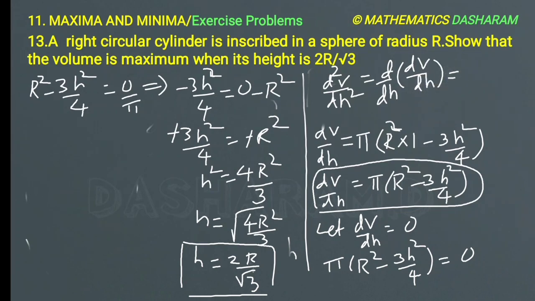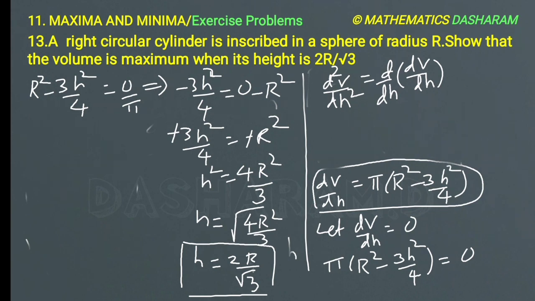So it is d by dh of, what is dV by dh? Pi into (capital R square minus 3h square by 4).